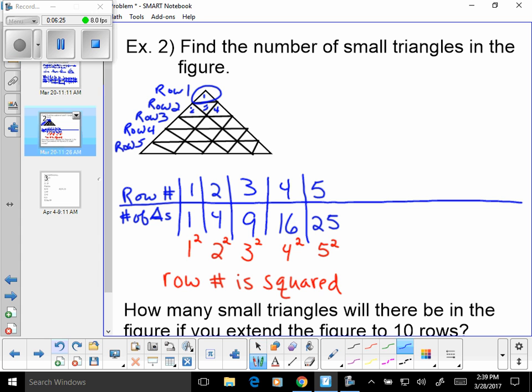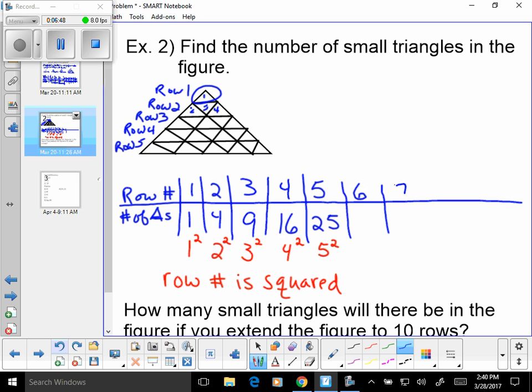Yes, I can actually look for a pattern. It goes up by 3, then by 5, then by 7, then by 9. But if you have a big enough figure that you're looking for, or if they give you enough rows, you're going to be doing a lot of work. It's a lot easier just to figure out that what I really have here is a function where I have a relationship between the row number and the number of triangles.